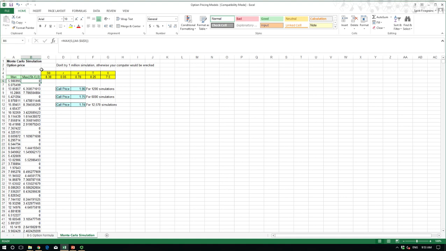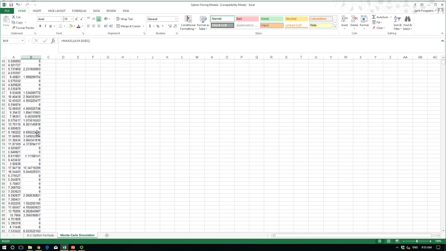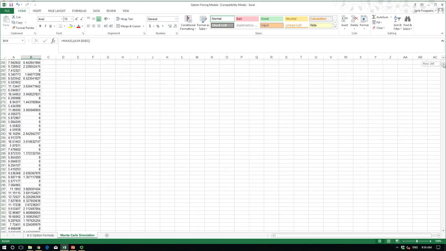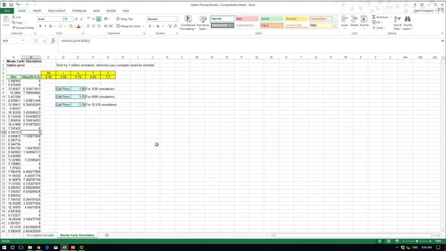So in column B, we have all potential payoffs for that option. And we can run the simulation 100 times, 1,000 times, or a million times. Typically, investment bankers will do at least 1 million simulations for the stock price and the payoff on the option.